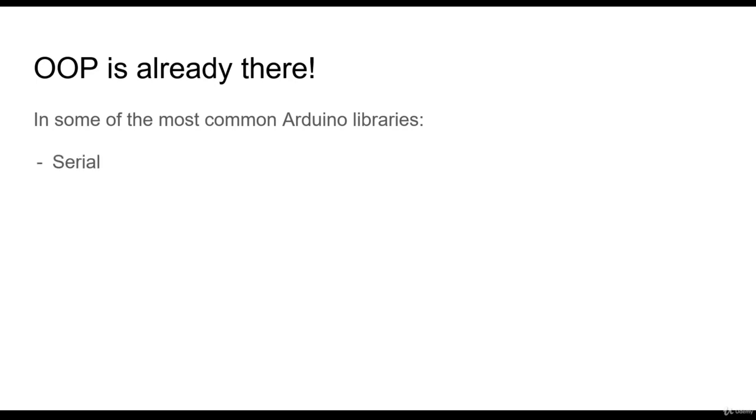Among them you can find the serial library, which you certainly have already used to debug your program or communicate with your computer. The wire library to communicate using the I2C protocol. The servo and stepper libraries to interact with motors, and you can find many more.